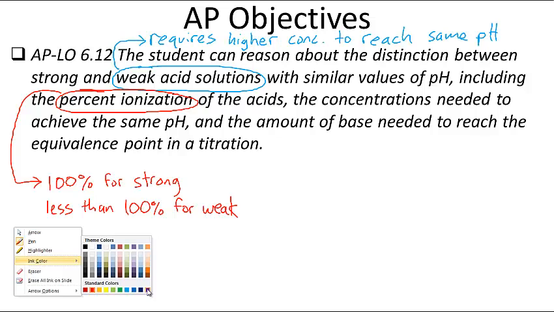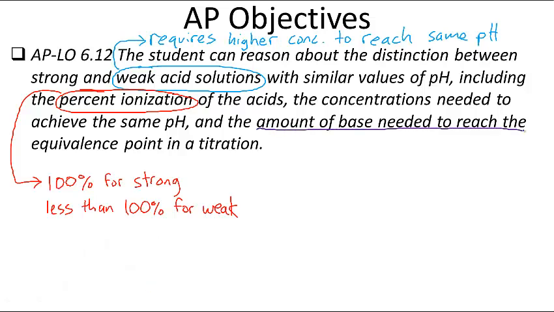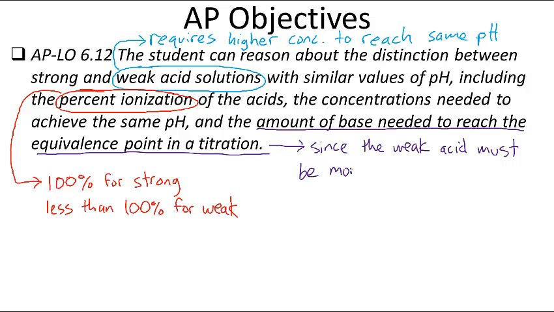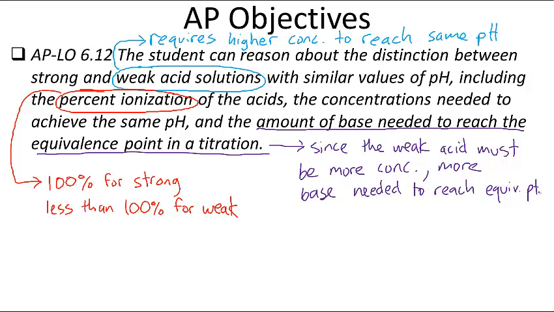So this last piece: since the weak acid must be more concentrated, more base would be needed to reach the equivalence point. So there's a lot of words there. Are there questions now about what this objective implies?